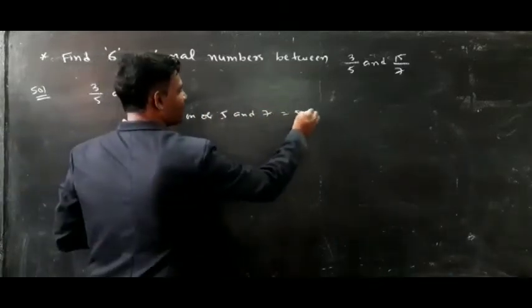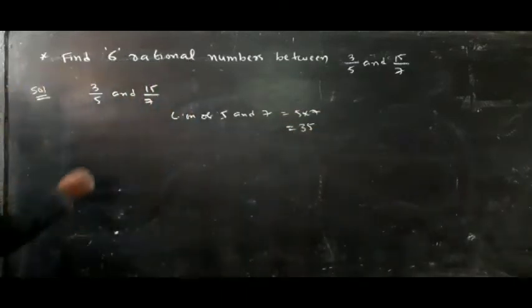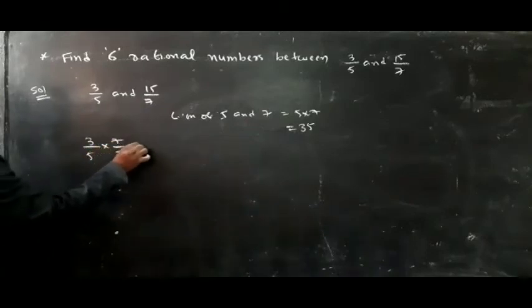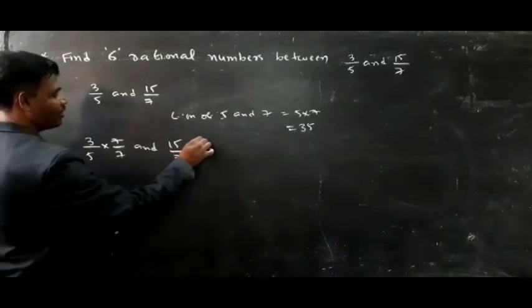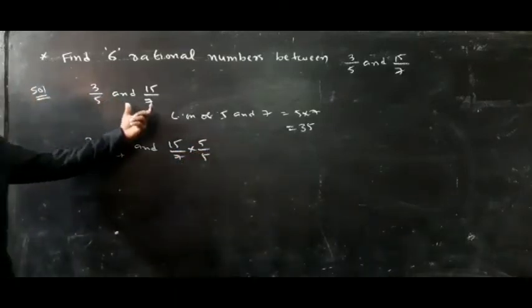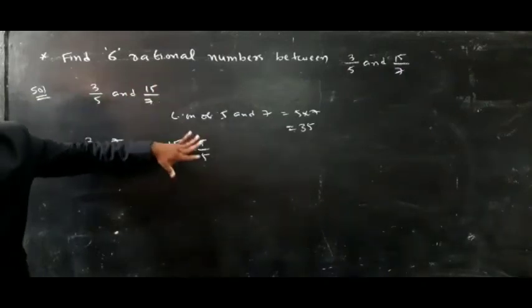So LCM is equal to 5 into 7 is equal to 35. So it is 3 by 5 into 7 by 7 and 15 by 7 into 5 by 5. Why? Because 3 by 5 and 15 by 7 are not like fractions.